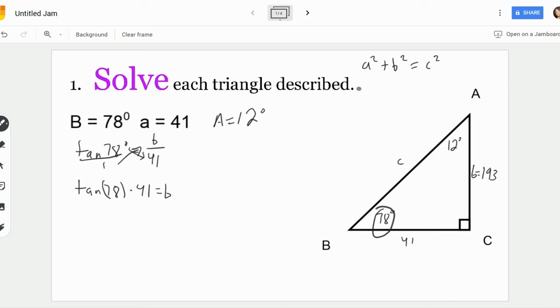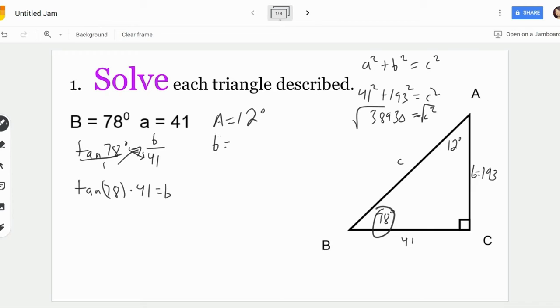So we would say 41 squared plus 193 squared equals c squared. 193 squared, and I got a big number, 38,930, but that's what c squared is equal to, so you'd square root it, and that would give us c.